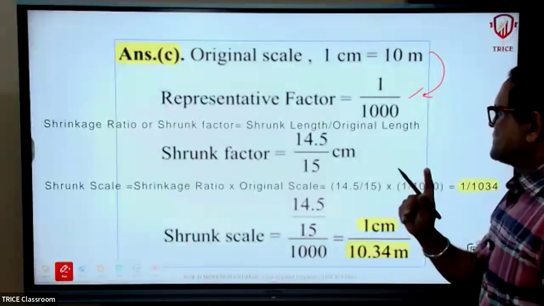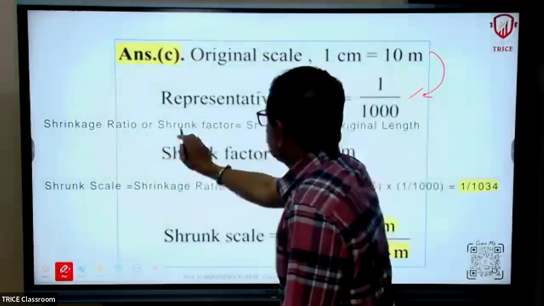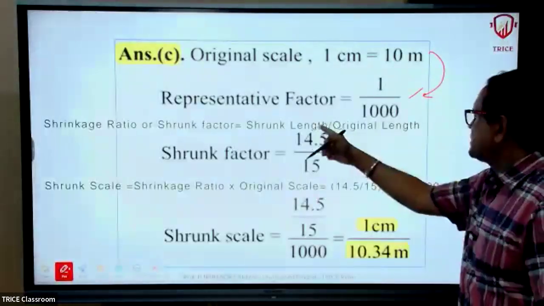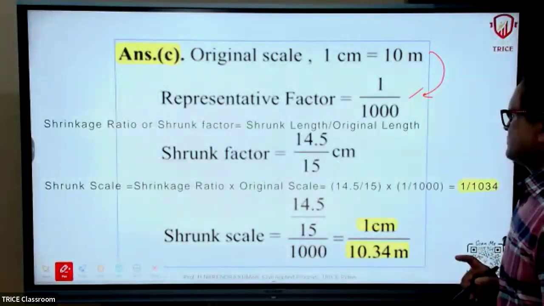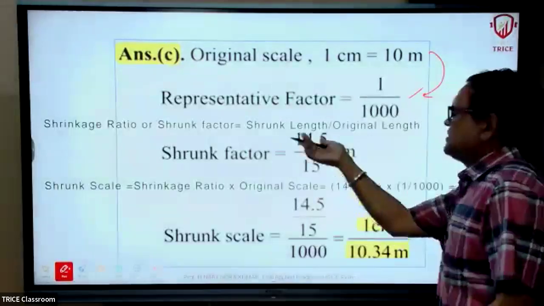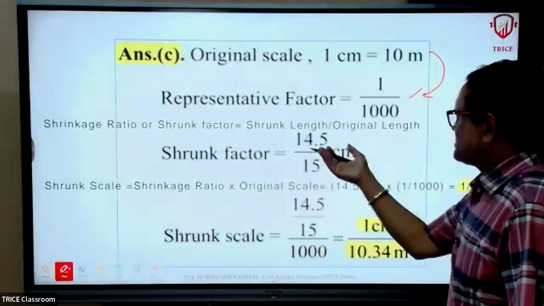Now there is a formula. Shrinkage ratio, also called shrunk factor, is equal to shrunk length divided by original length. Some books say shrinkage ratio, some books say shrinkage factor, no problem.